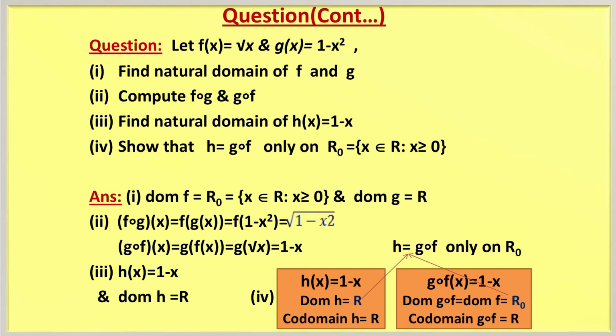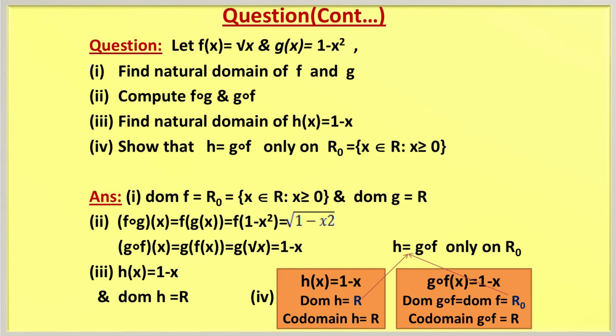So, the first formula matches: h(x) equals g composition f. The formulas of h and g composition f are equal, the codomains are also equal, but there is a difference in the domain. Domain of h is R, whereas the domain of g composition f is R_0, the set of positive real numbers union 0.